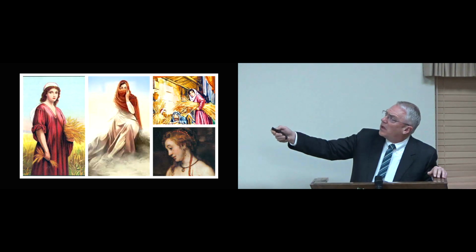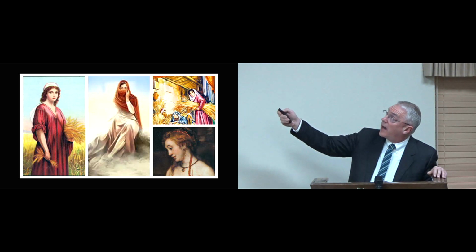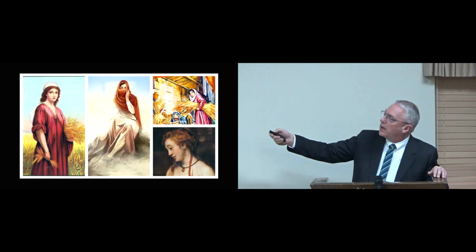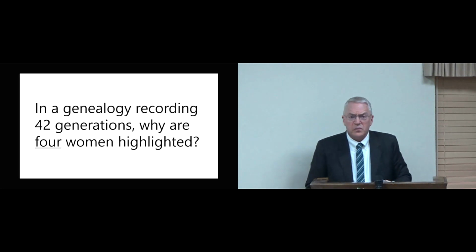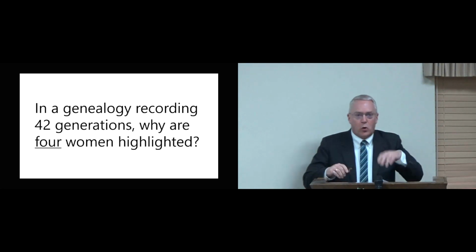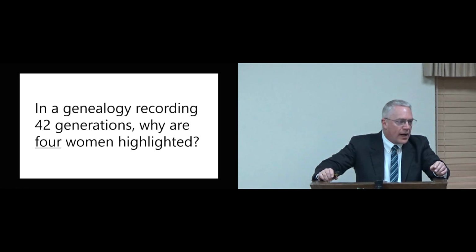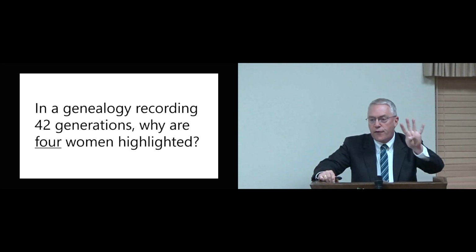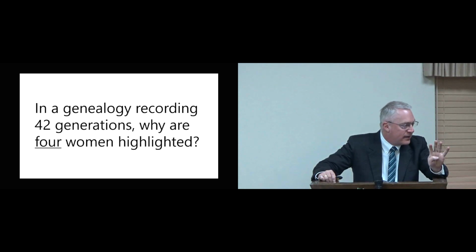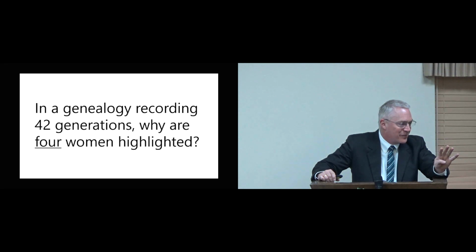We've got Tamar, Rahab, Ruth, and Bathsheba. The genealogy records 42 generations. Why are 4 women highlighted? The other 30-something weren't. Not that they weren't important, but they didn't get called out, and there's a reason for it.